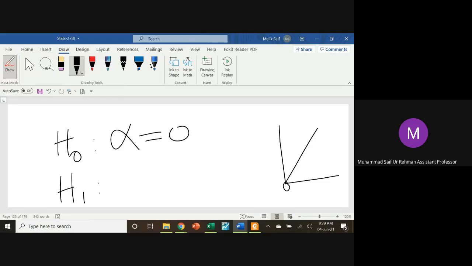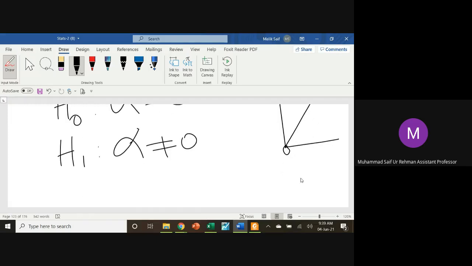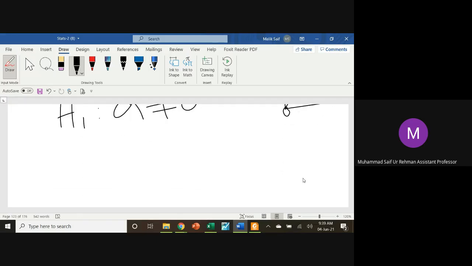So we are just imagining. And H1: alpha is not equal to 0. If you reject this null hypothesis, it will mean that alpha is not at this point. It will be slightly above or below, depending upon the situation. You will also be able to find that out. That you will learn in econometrics.